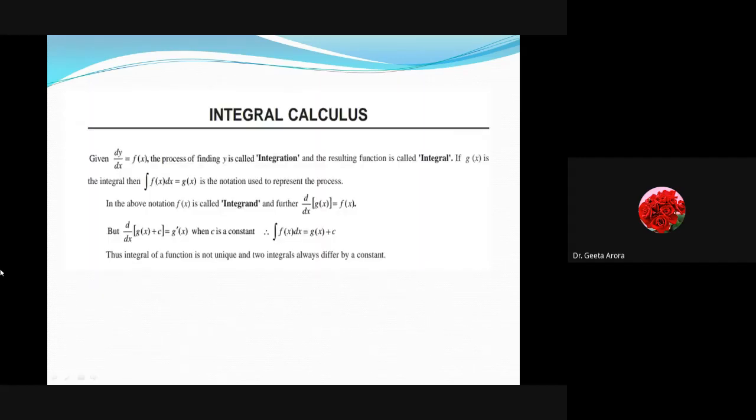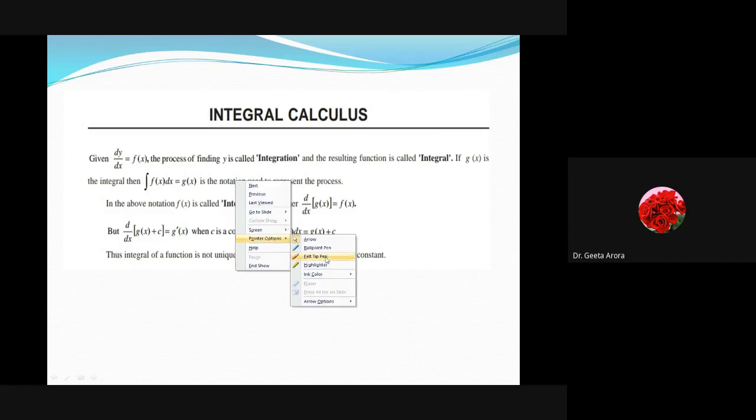So what integral calculus and integration are: here we will see that for a given dy by dx equal to f(x), meaning if a function's derivative is known to me and it is given by f(x), then from this relation, that the derivative of y with respect to x is f(x), finding the value of y is known as integration.